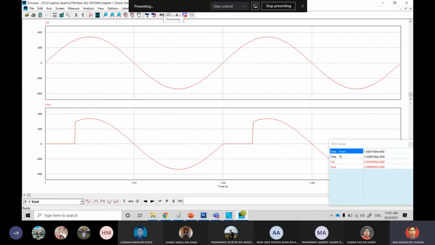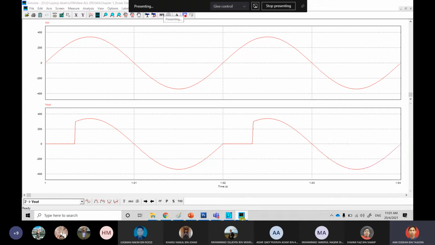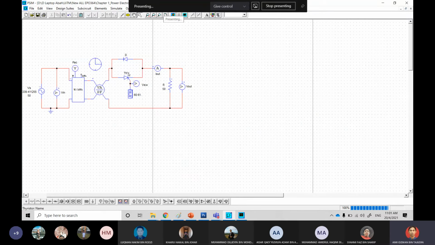Okay, VAK yang saya nak tunjuk sebenarnya adalah pada cathode. Okay, kalau kita tengok VAK tu sebenarnya adalah pada kita punya thyristor tu sebenarnya. Okay, so let me put one switches dekat sini. Okay, ini adalah VAK.